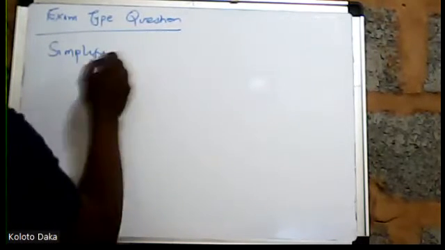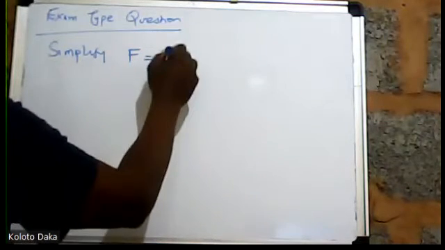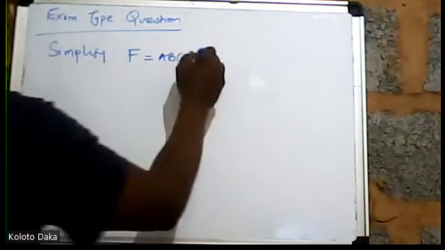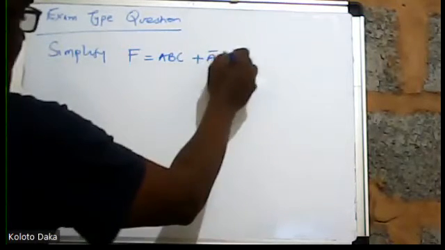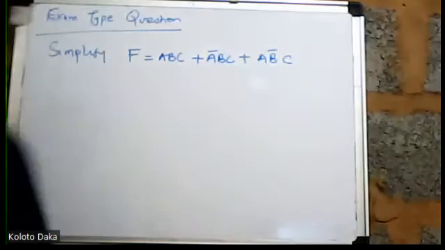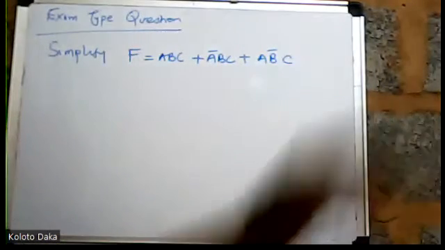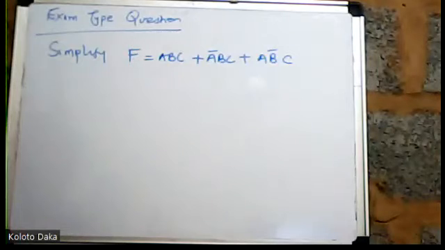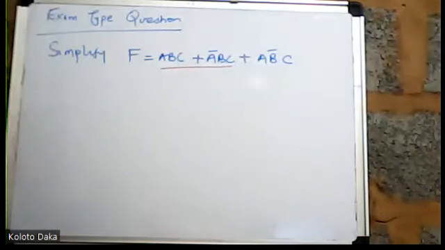F is equal to ABC plus A bar BC plus A B bar C. Okay? So where do you start from? Look at the first two. What is common here?